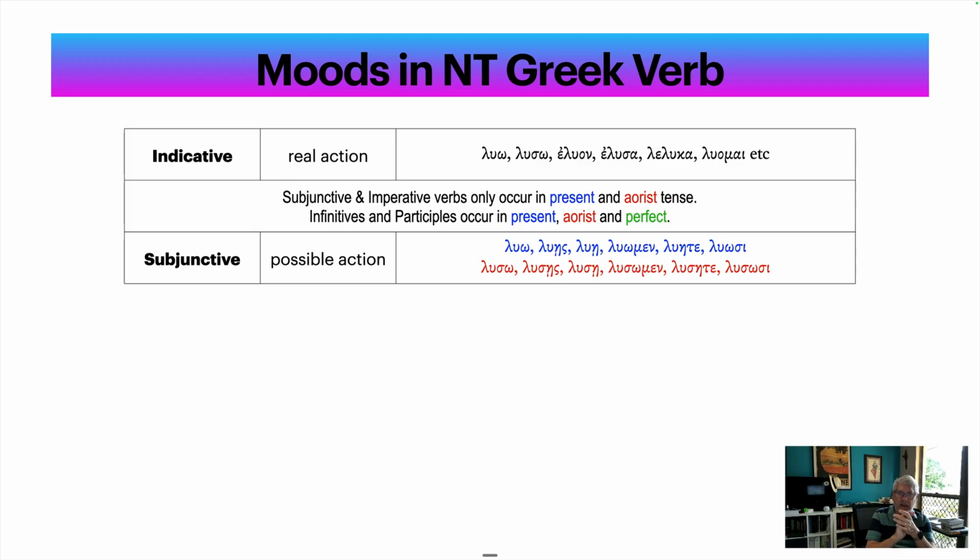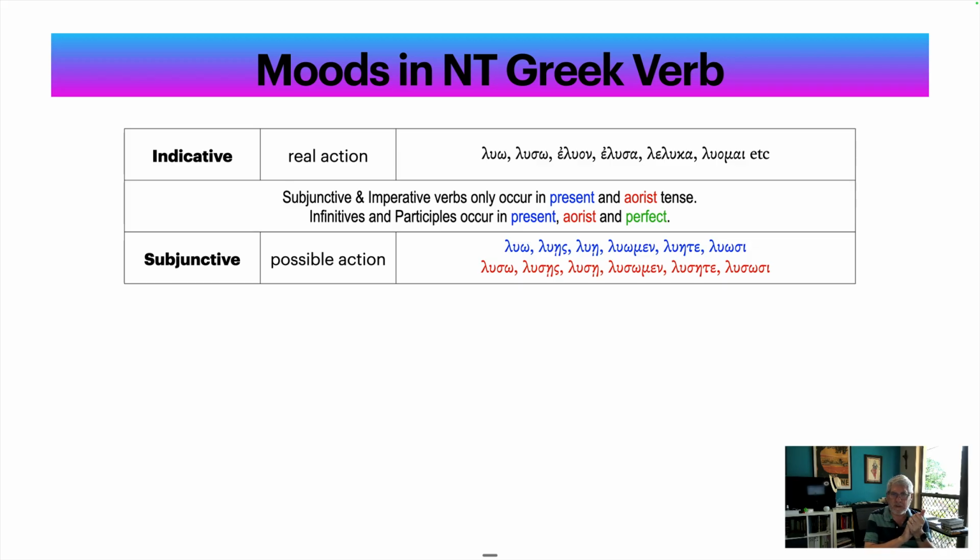It might be done in order to achieve something else. So the present tense of subjunctive is going to be expressed as luo, lues, lue, luomen, luete, luosi, and one of the things that's typical of the subjunctive is that the vowels in the personal endings are lengthening, and there's also iota subscripts in the second singular and third person singular.